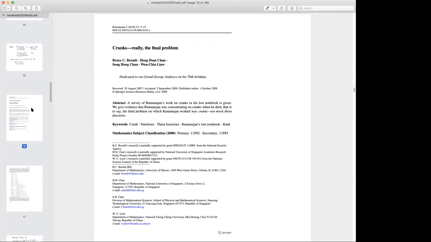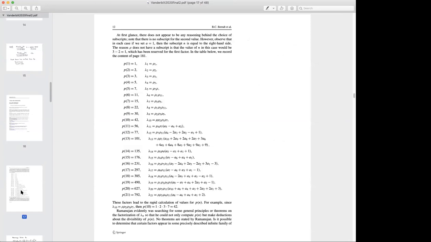It was on page 181 of his lost notebook. And here are some things out of it. Here he's factoring these crank polynomials. Somehow he knew about the crank as a generating function, because he knew if you put z equal 1, one infinite product over two infinite products becomes just the partition generating function. So it's not so unnatural that that's what he did.